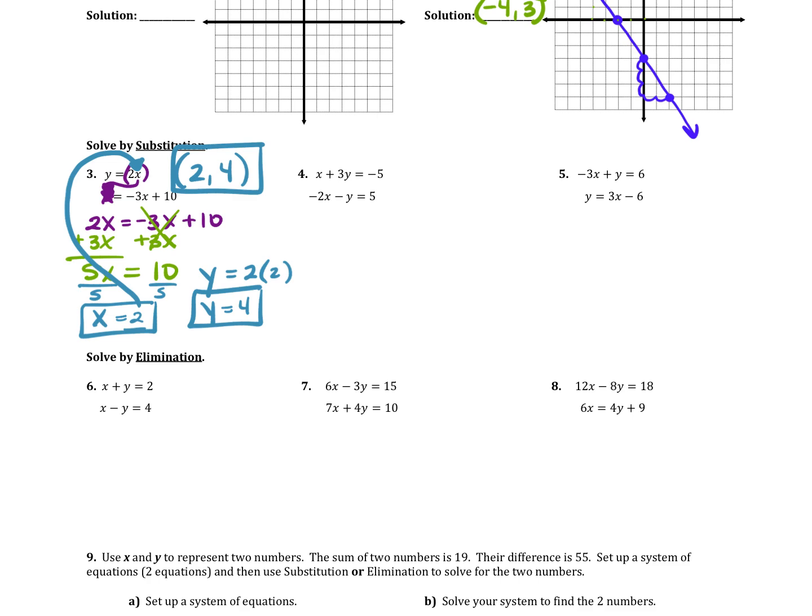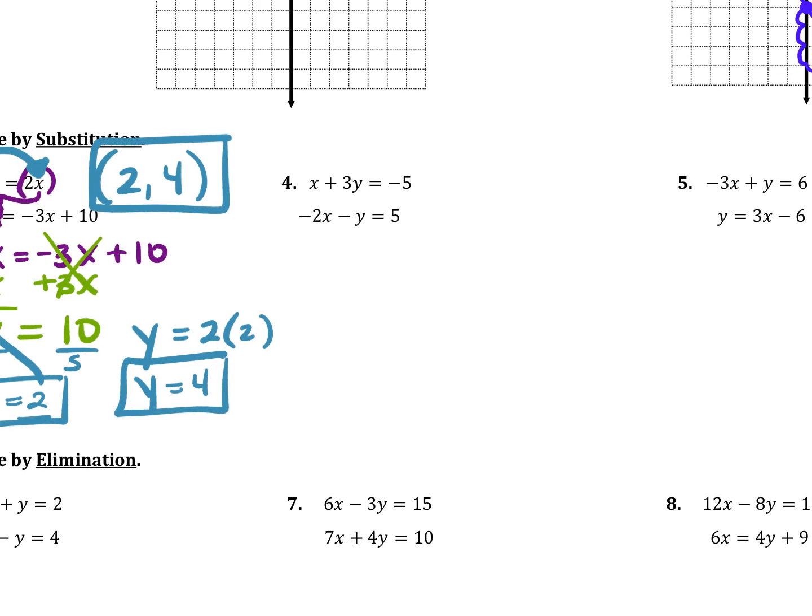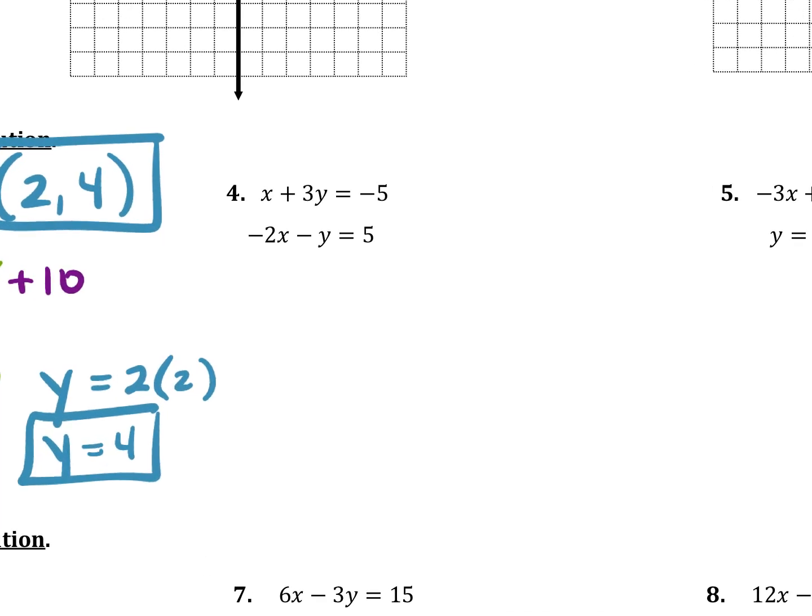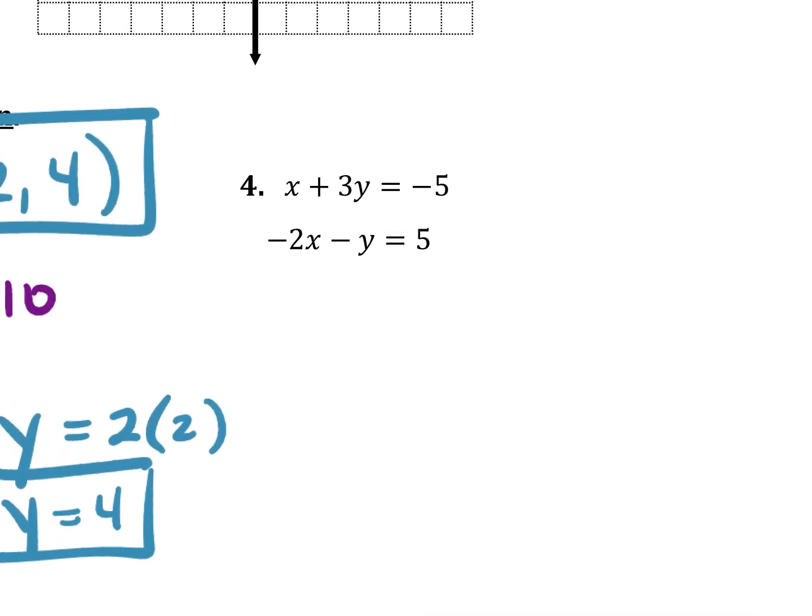Okay, and then I'm also going to show you number 4. Number 4, you have to isolate a variable. And I think where people struggle is which variable to isolate. It is okay to get x by itself. A lot of people want to solve for y, but the x is actually the easiest one here because it has a coefficient of 1. If it has a 1 in front, that's the easiest one to get alone.